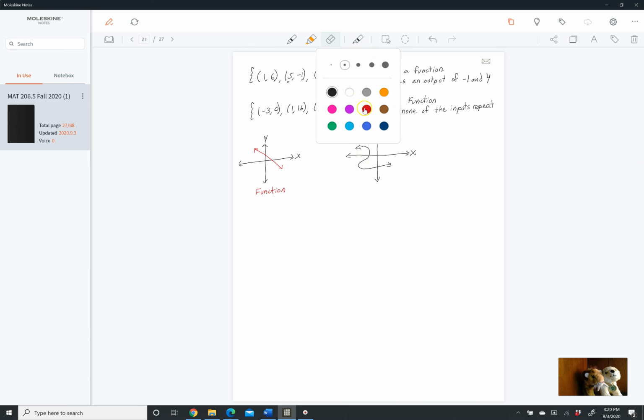So we could say it's not a function because at this x value, we hit the graph 3 times. This input has 3 outputs. So it's not a function.